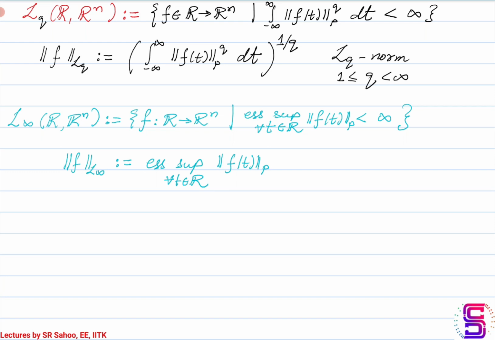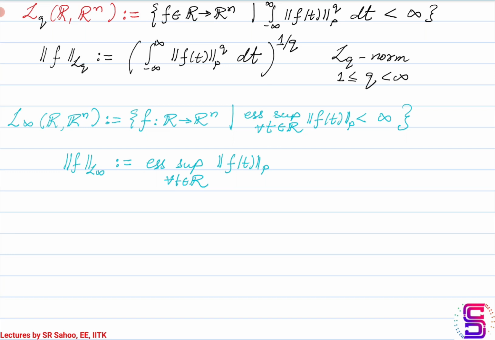So, the supremum over the entire time interval is basically the minimum value that acts as an upper bound on the function. Okay, that is what the supremum essentially means. The minimum value that acts as an upper bound on the p norm of the function taken at every instant of time.